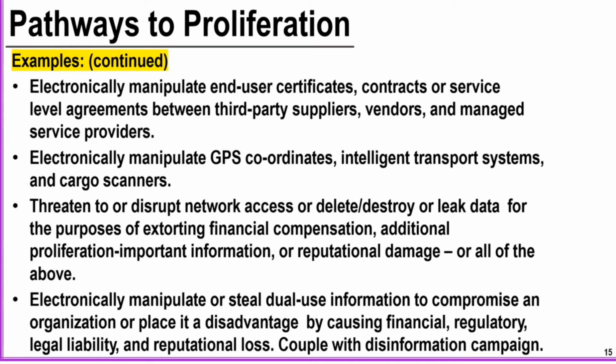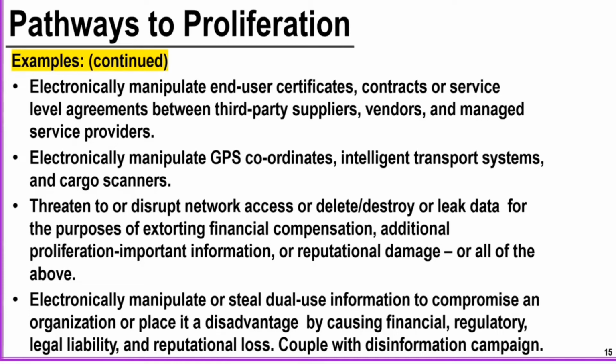Proliferators can manipulate or steal dual-use information to compromise an organization or place it at a disadvantage by causing financial, regulatory, legal liability, and reputational loss. It can be coupled with a disinformation campaign.